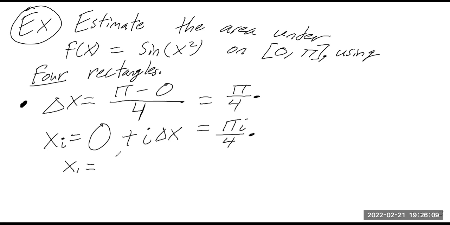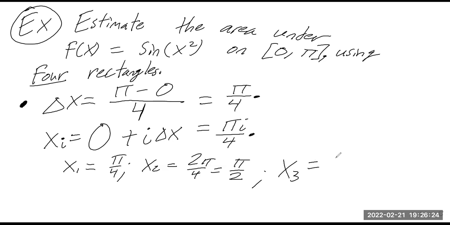Basically, x1 is then just pi over 4. x2 is then 2 pi over 4. Well, that's just like pi over 2. x3 is then 3 pi over 4. And x4 is just pi. The 4's cancel. So we have our endpoints now. I'll give you a second to write these down. If you need more than this time, pause the video. Go into the next slide.